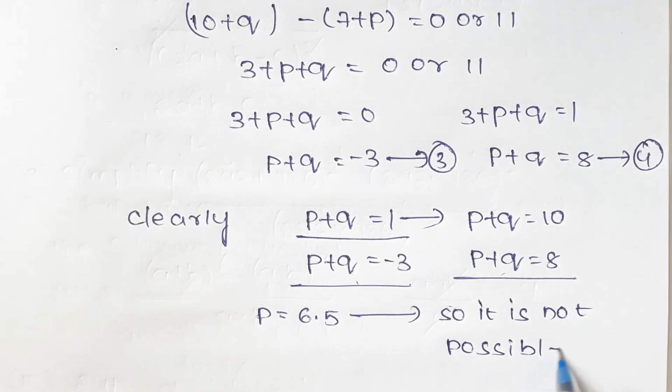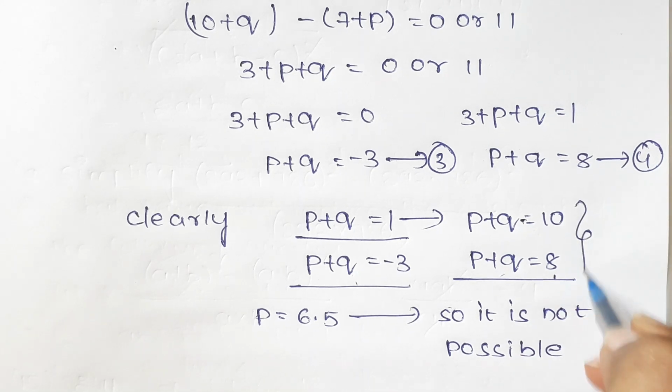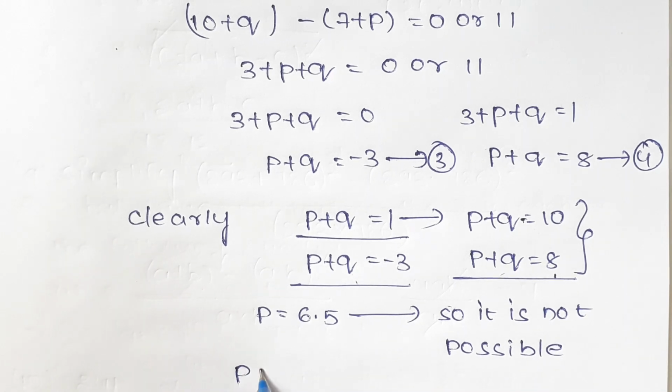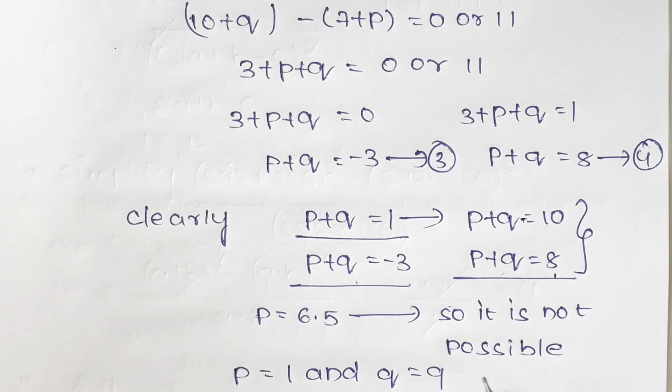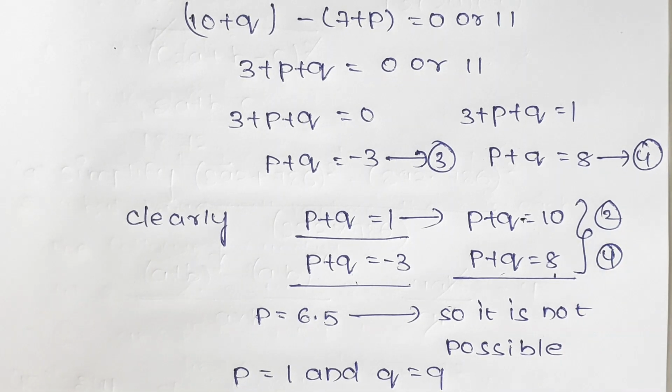And now again by solving 2 and 4, we will get P equals 1 and Q equals 9. So it is possible, that is, equation 2 and equation 4 are possible.